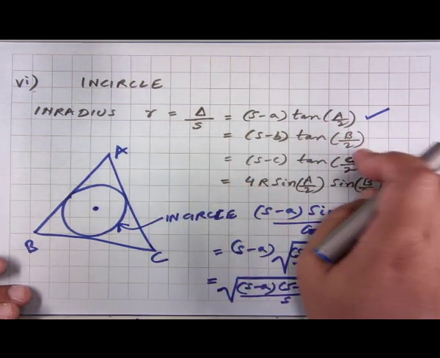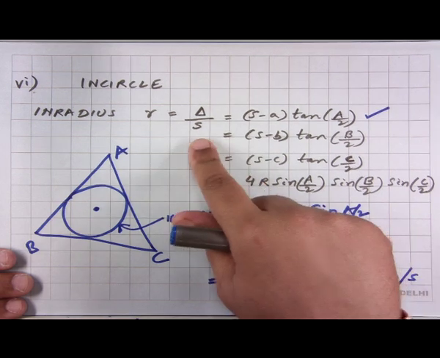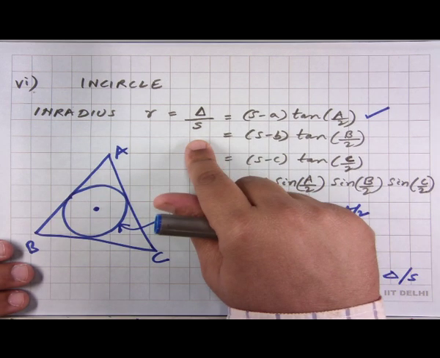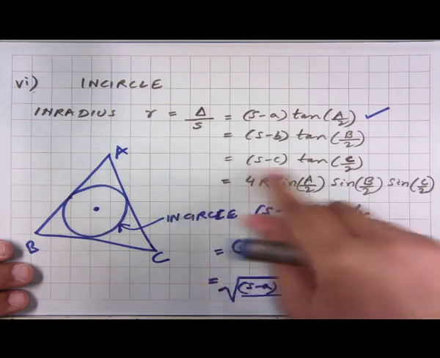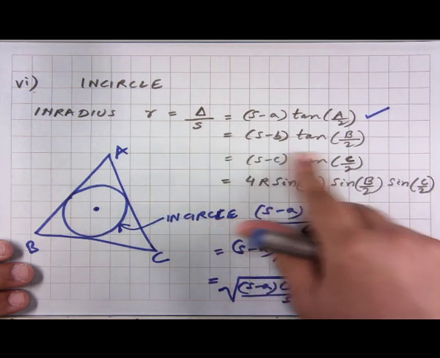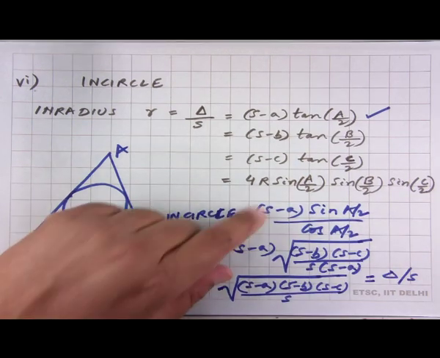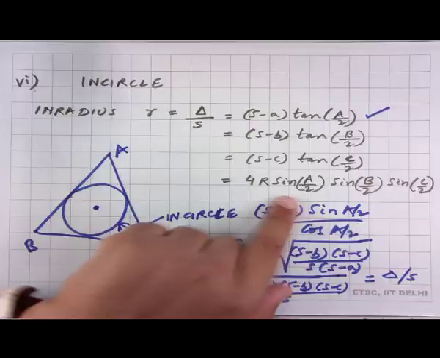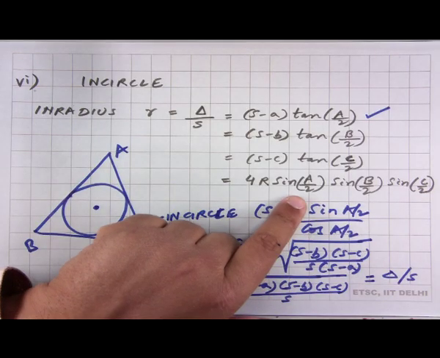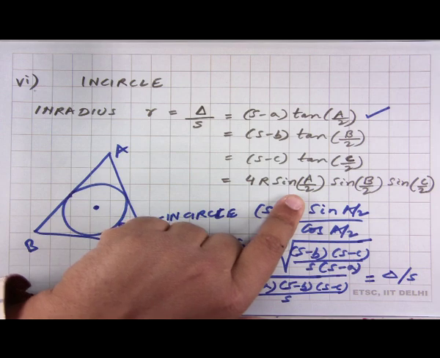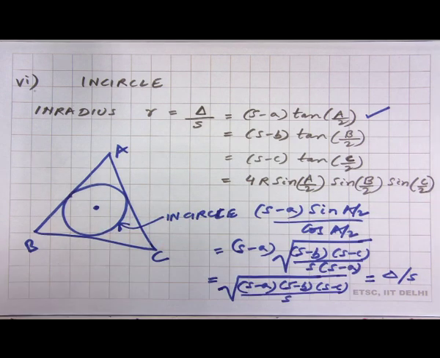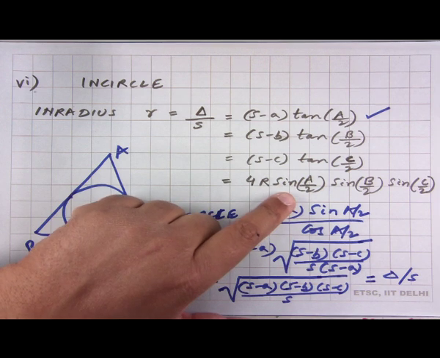In a similar manner, by taking the sine and cosine of half of angle B, we can also show another expression for the inradius: it is equal to (s minus b) times tan of B by 2. And again, this can be proved in the same manner. We just have to replace the sine of these half angles by the formula that we proved earlier.